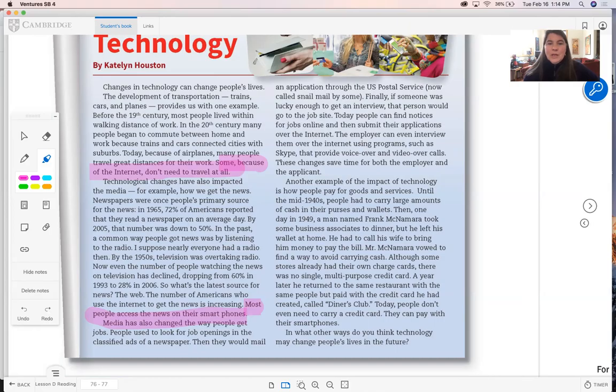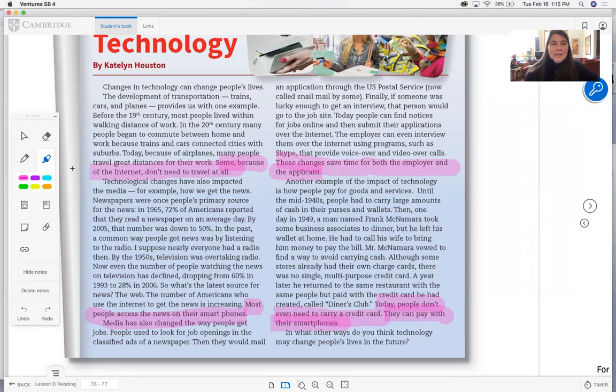How about with their jobs? You can apply online and you can interview. These changes save time for both the employer and the applicant. That's very positive, right? And then what about paying? Today, people don't even need to carry a credit card. They can pay with their smartphones. That's amazing and very positive.